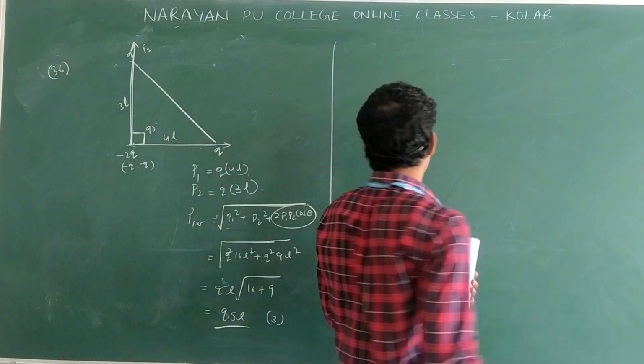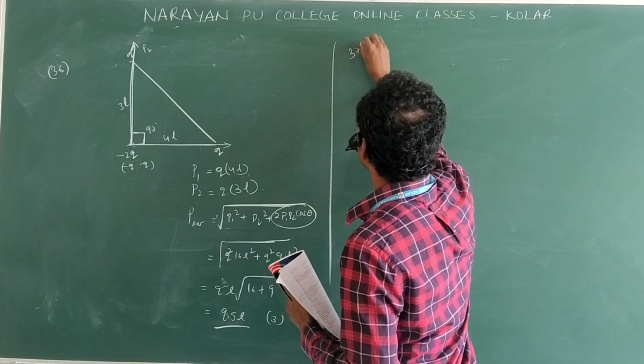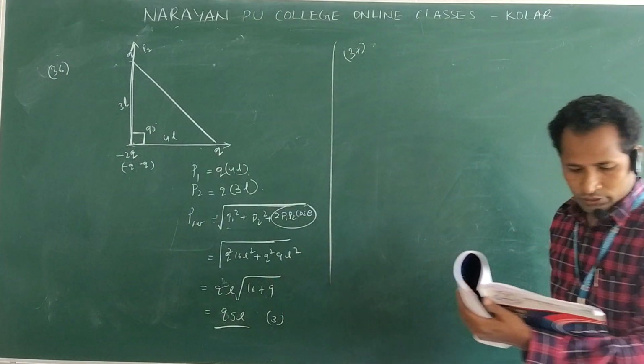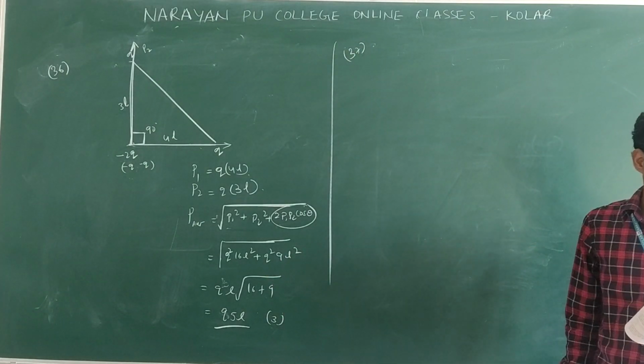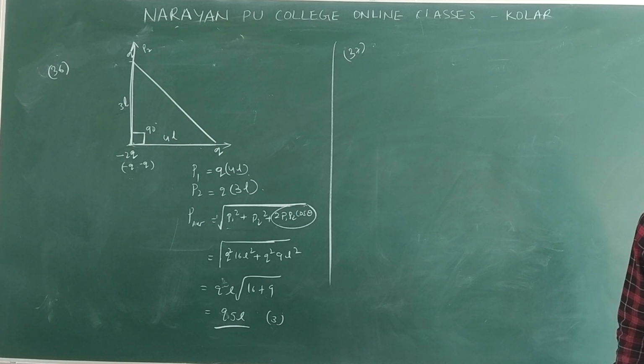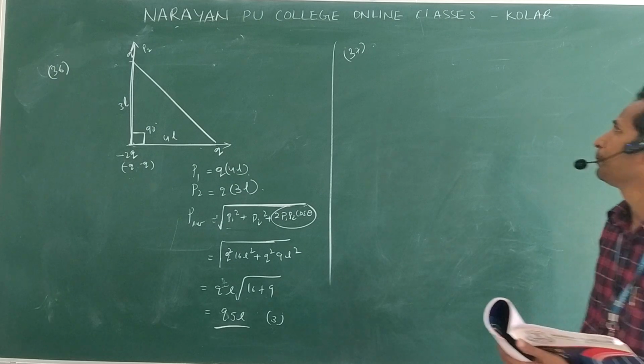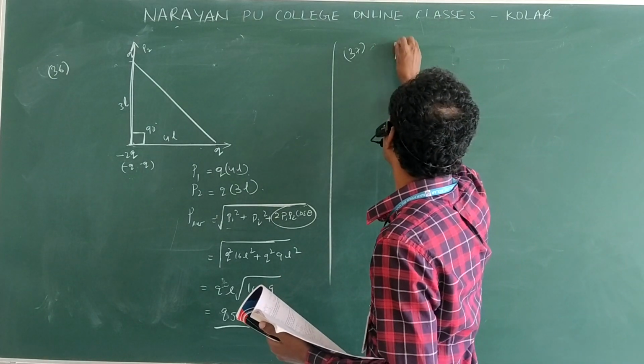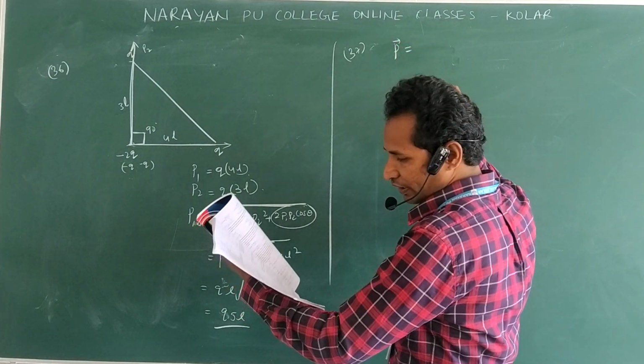Now come to 37. A dipole moment P is equal to alpha i cap minus beta j cap, placed in an electric field E equal to 2 beta i cap plus 3 alpha j cap. Find the torque experienced by the dipole. So it's very simple. The question is given in vector form. If we do the cross product, we will get the answer.